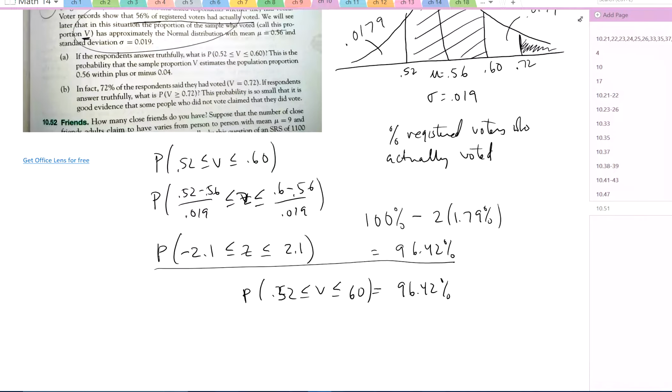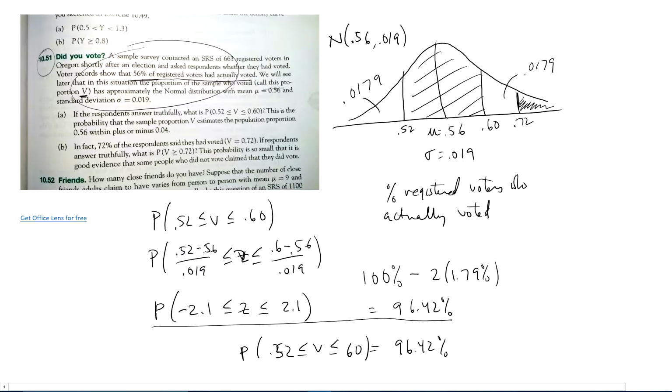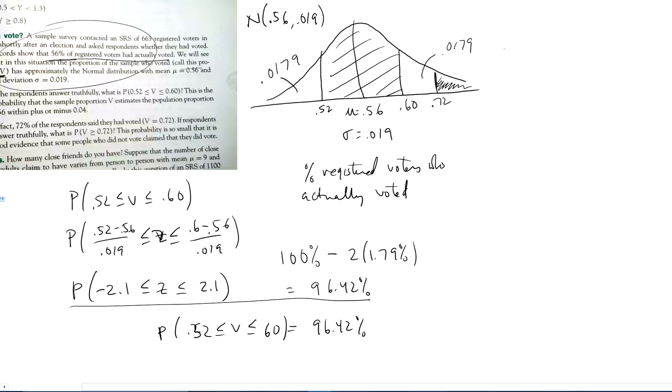So let's do this over here. What's the probability that V is greater than or equal to 0.72? What's the probability that Z is greater than or equal to 0.72 minus 0.56 over 0.019?